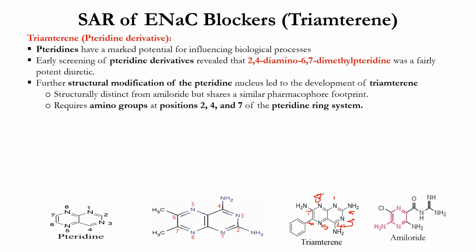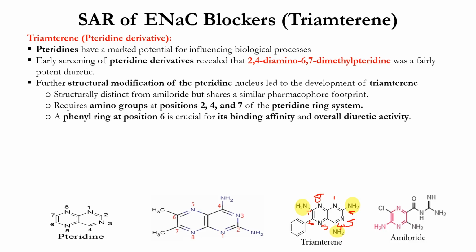The amino groups at positions 2, 4, and 7 are very important. They are a requirement for the molecule to bring the diuretic activity. Again, the phenyl system at position 6 is also crucial for its binding affinity and the overall diuretic activity.